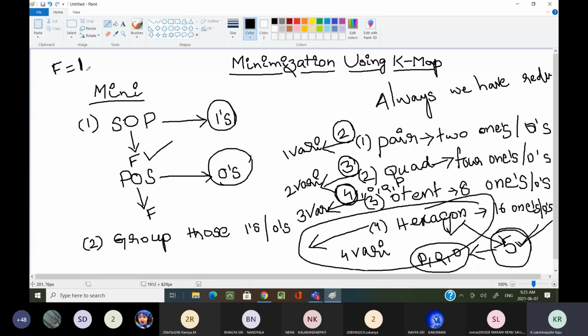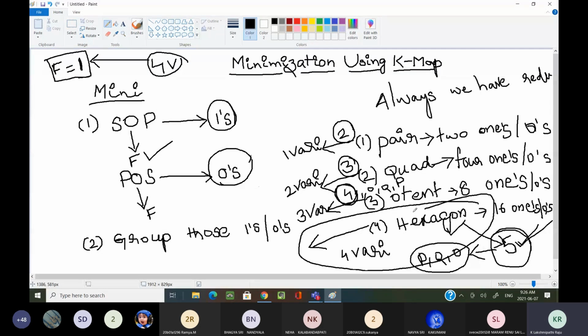We have to reduce as many variables as possible. If you consider a 4-variable K-map, then you are reducing all the 4 variables, and the final output is f equal to 1. By considering f equal to 1, what kind of circuit are you going to design? There is nothing here to design. Why? Because f equal to 1 means always true.